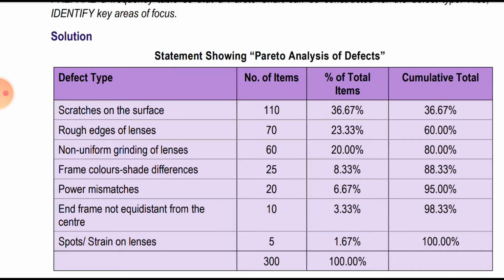Number of units: 110, 70, 60, 25. So it is from higher to lower. Total is 300. Then we calculate the percentage on this 300 based on 100%, and then the cumulative: 36.6 plus 23.33 amounts to 60. Then 60 plus 20 amounts to 80.